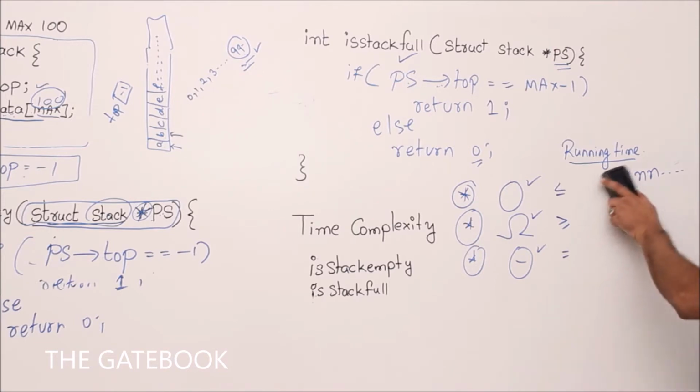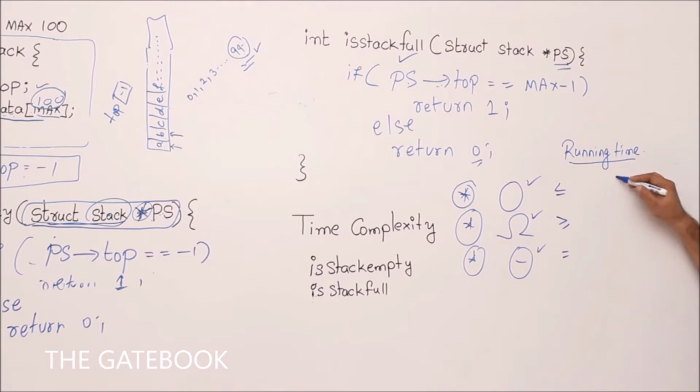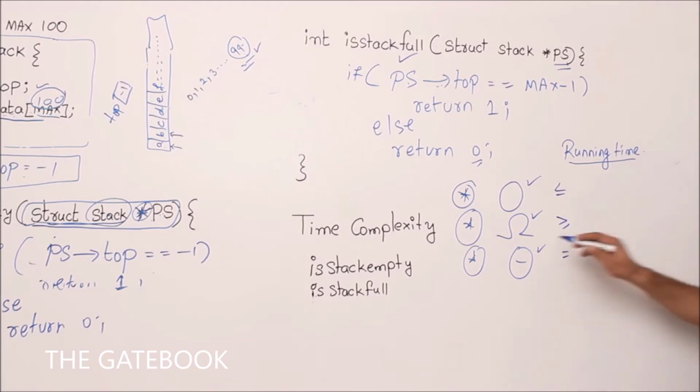What are the values which belong to class n? n, 2n, 3n, because we ignore the constants. So whenever you get n or 2n or 3n, simply say that your running time is equal to class n. Whenever you want to say that, we say theta of n. That's why your running time, let's say f of n, we say theta of n. This is a proper usage.